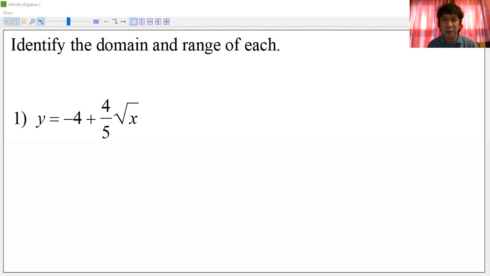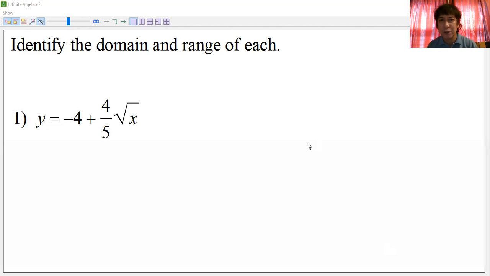We will begin with the problem sets under radical functions. In particular, we will be including square roots. Now, we know that we cannot have a negative radicand.